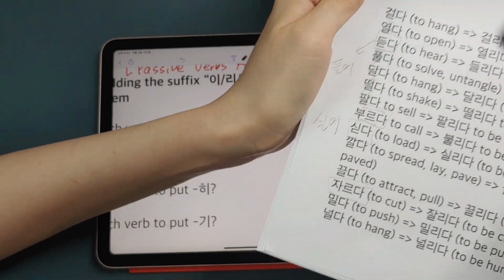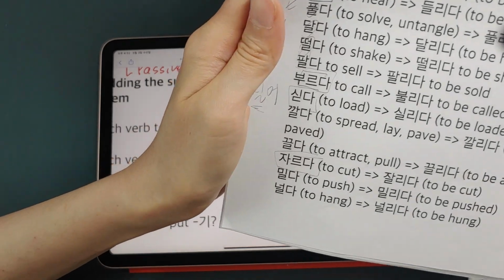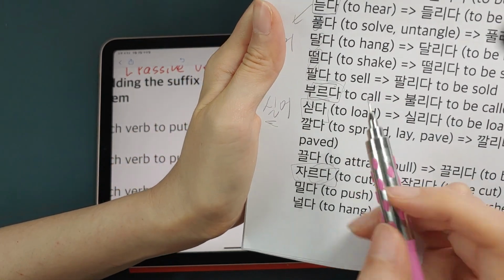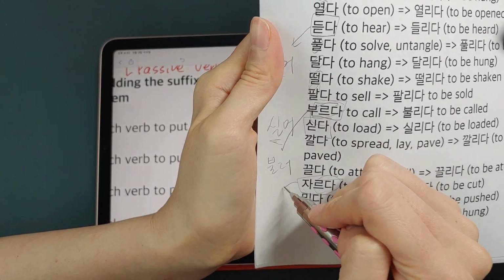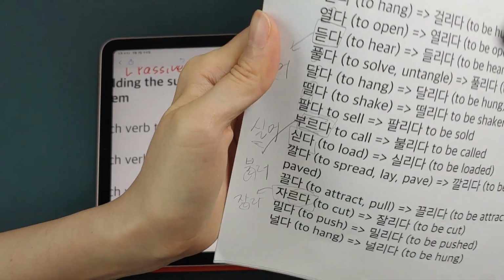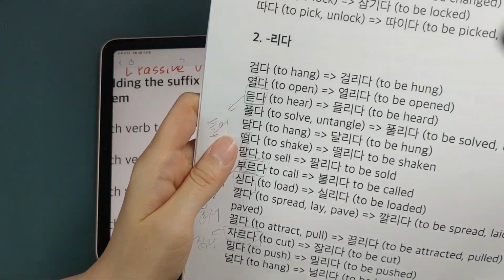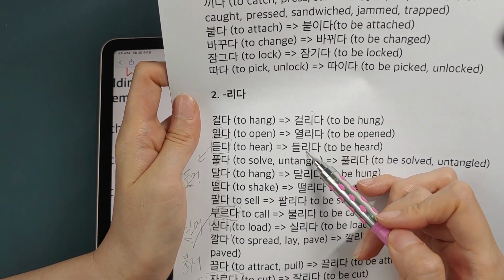So when they're conjugated, they have 리을 받침 in their form. And also for 부르다 and 자르다, when they're conjugated, it's 불러 and 잘라. So they have 리을 받침 in the word when conjugated. So for these types of verbs, you can put 리 after the stem.